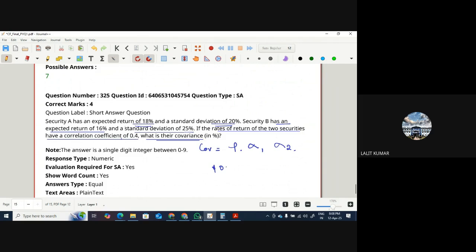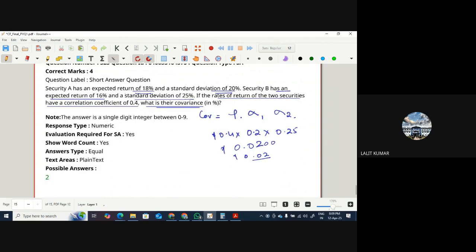So this will become 0.4 into sigma 1 is 0.2, sigma 2 is 0.25. So we calculate this, it is 0.02. Or we convert it to percentage.